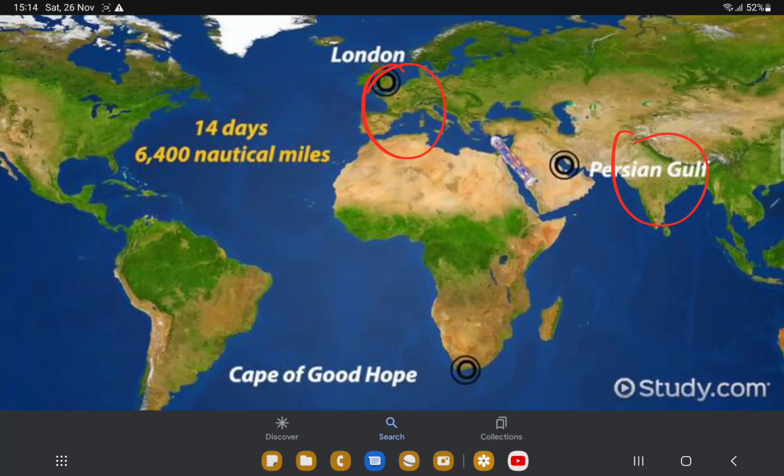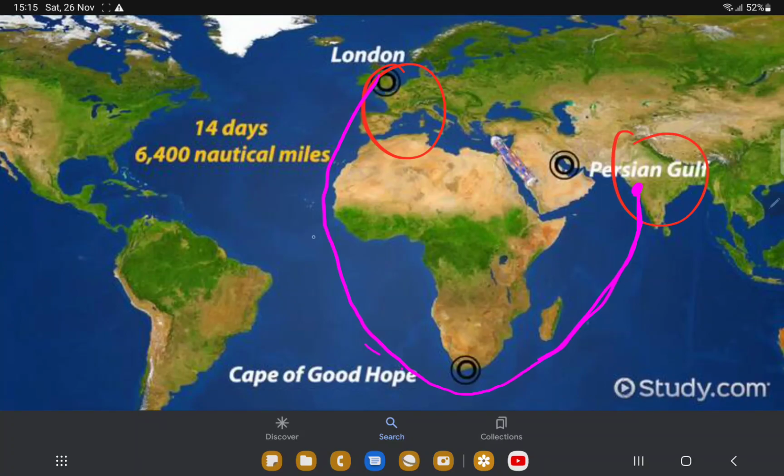What you have to do is go like this, along the Mumbai coast, and keep going around like this, and you will reach London.